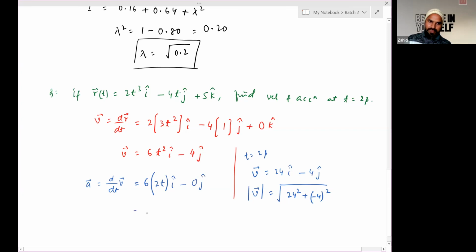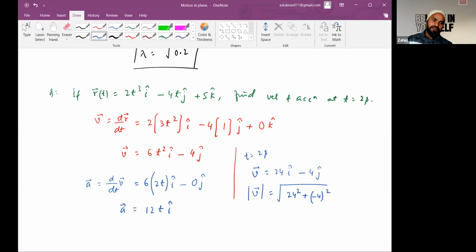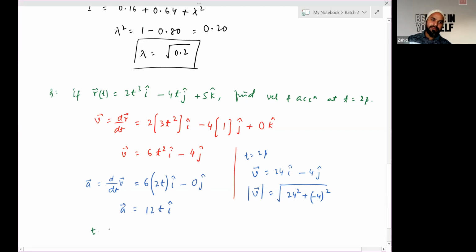So you will get 12 times t I cap equals a. Now, if you put the value of t to be 2 seconds in this expression, you will get a equals 24 along the x-axis.